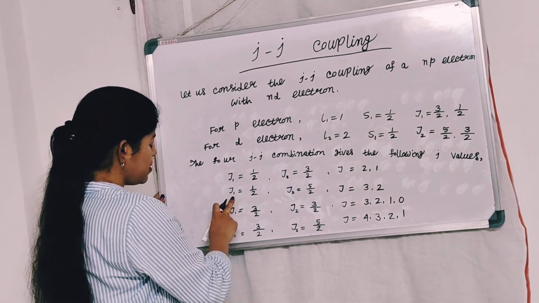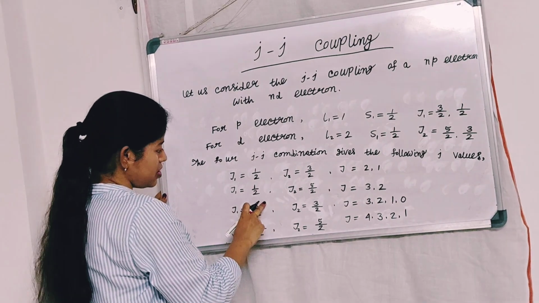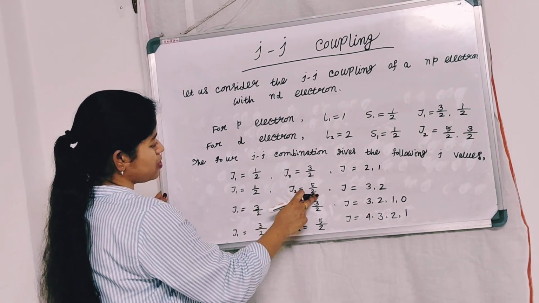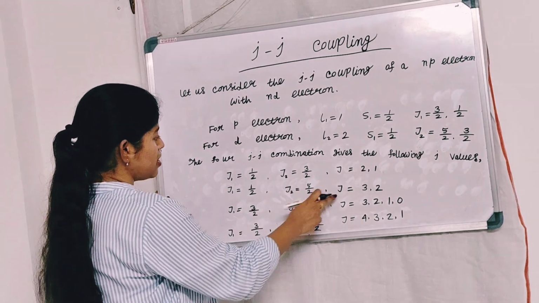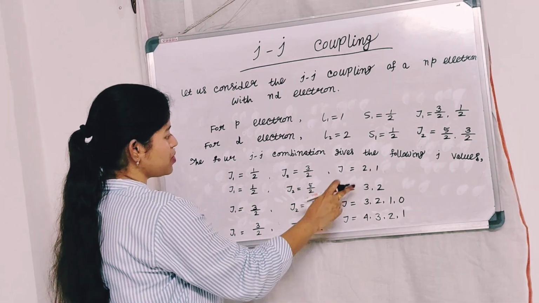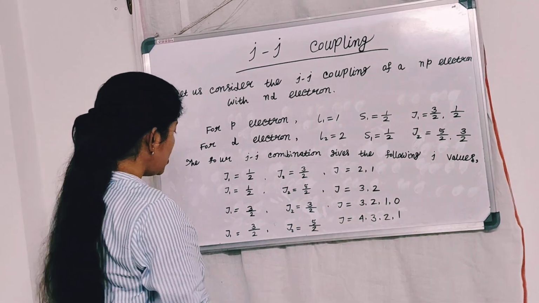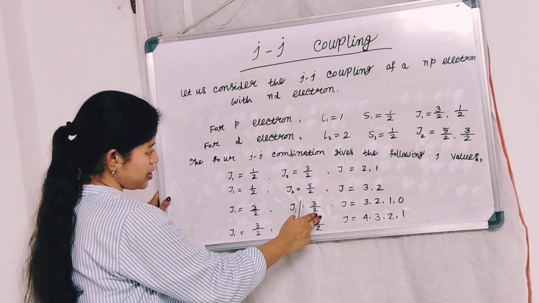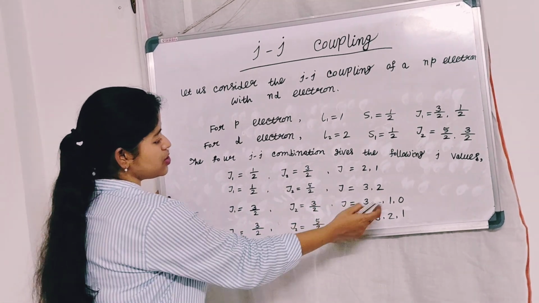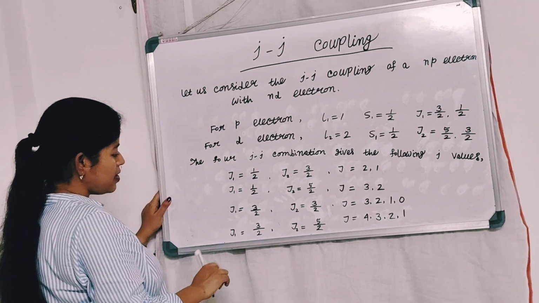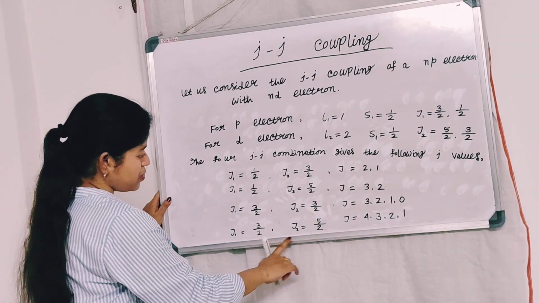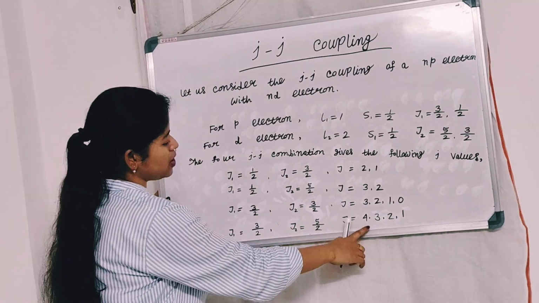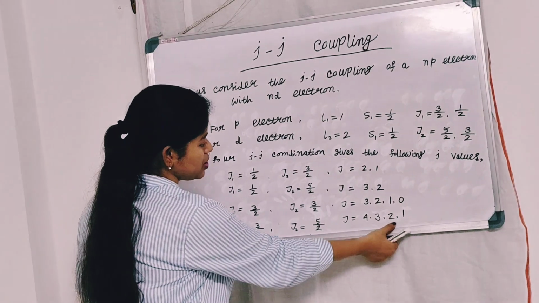If J1 is half and J2 equals 5 by 2, then J will be 3, 2. If J1 is 3 by 2 and J2 is 3 by 2, the value of J is 3, 2, 1, 0. Similarly, in case of J1 equals 3 by 2 and J2 equals 5 by 2, the values of J are 4, 3, 2, 1.